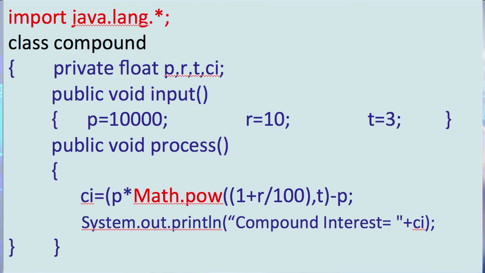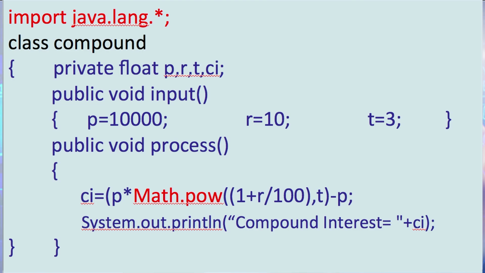So here we have class Compound, and inside this Compound class we have 4 variables, and these 4 variables are float variables. So float p, r, t, comma ci, where p stands for principal amount, r stands for rate of interest, t stands for time. So in short we have mentioned the first character of these variables.